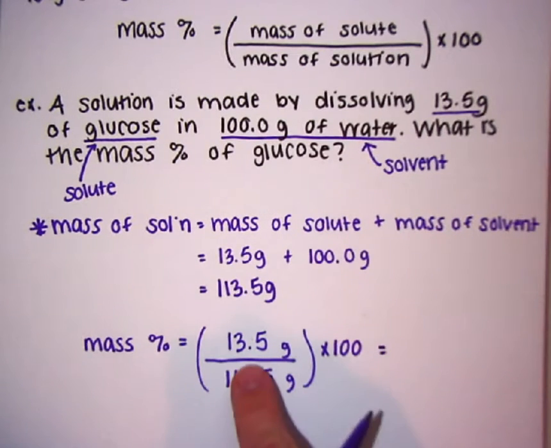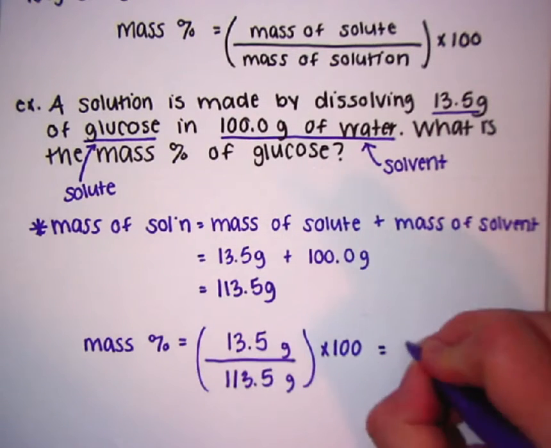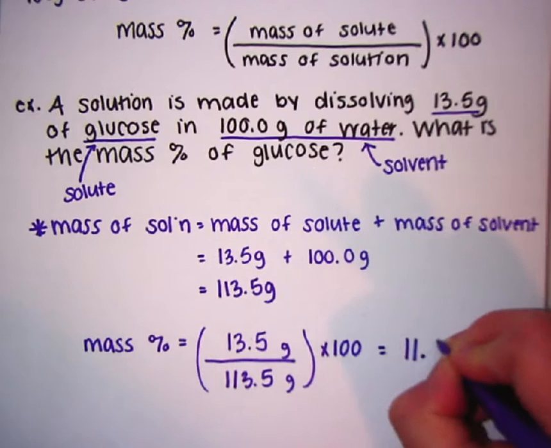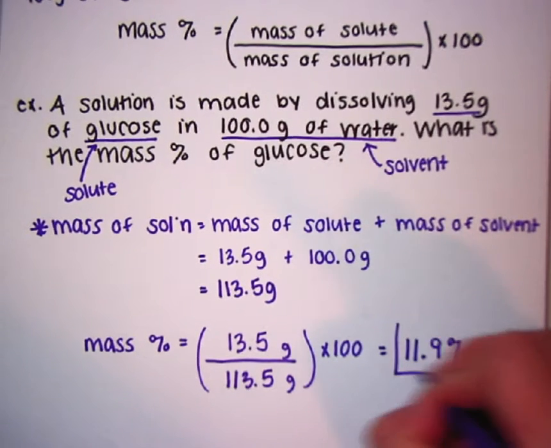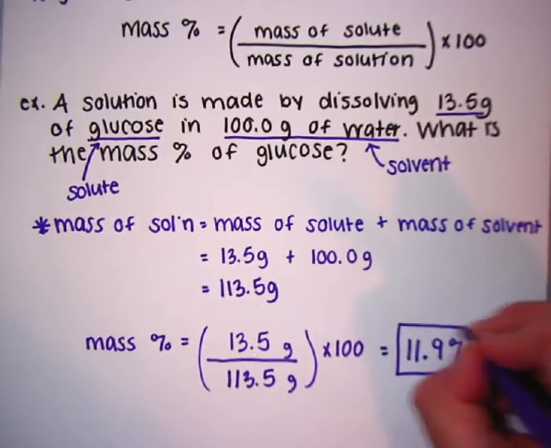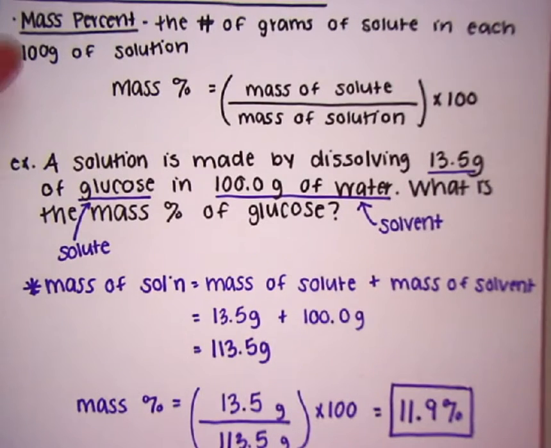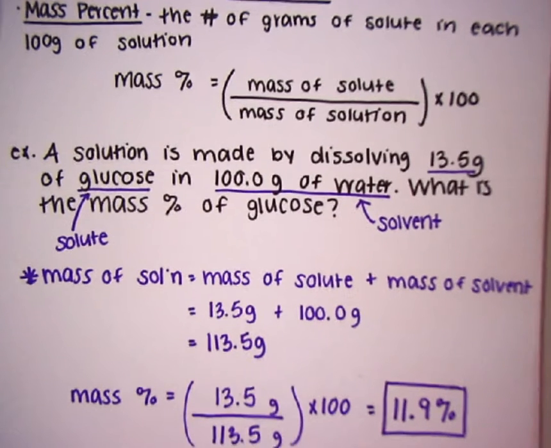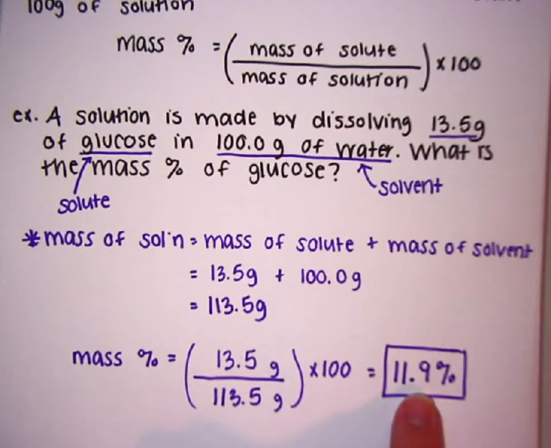Rounding to 3 significant figures, 11.9%. So again, all that mass percent tells us is how many grams of solute I would have in 100 grams of solution. If I had 100 grams of solution, I would have 11.9 grams of glucose.